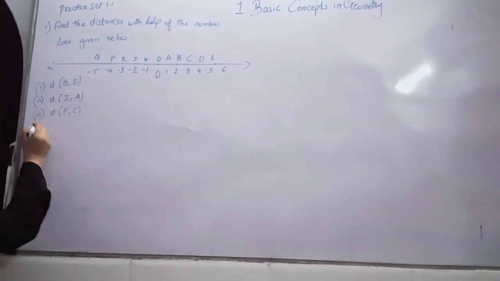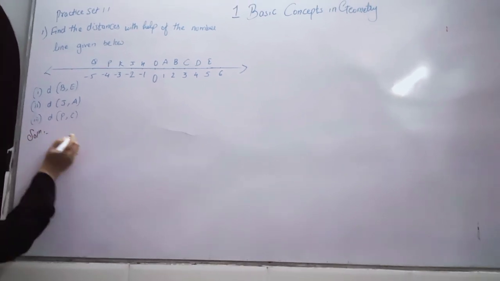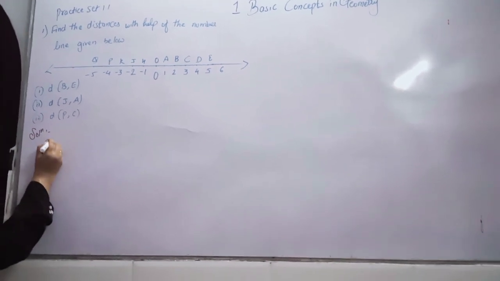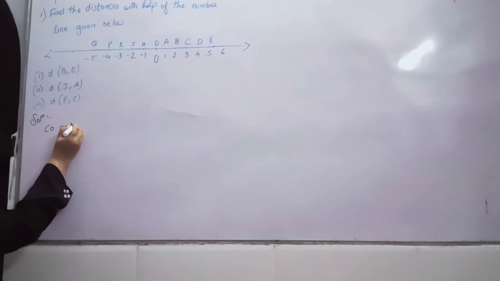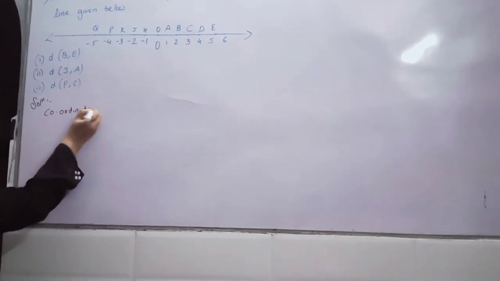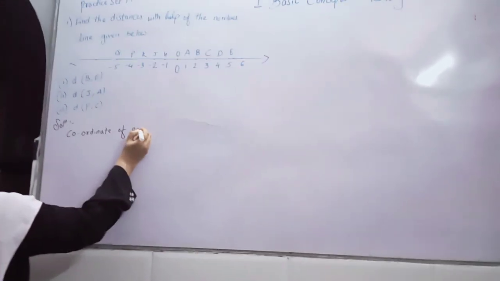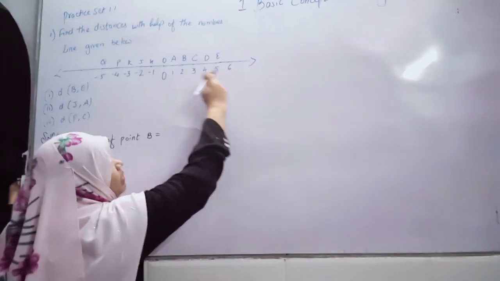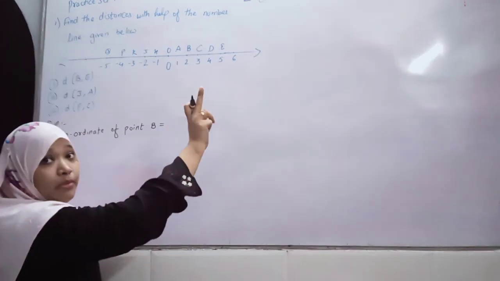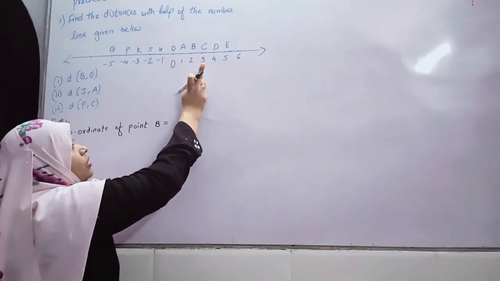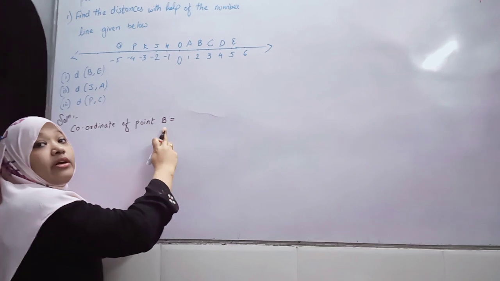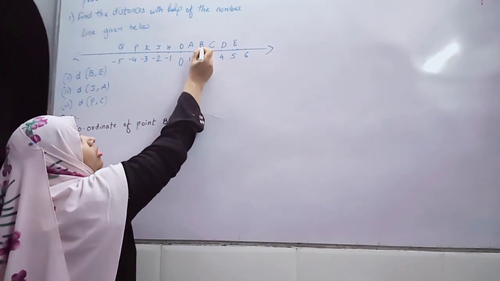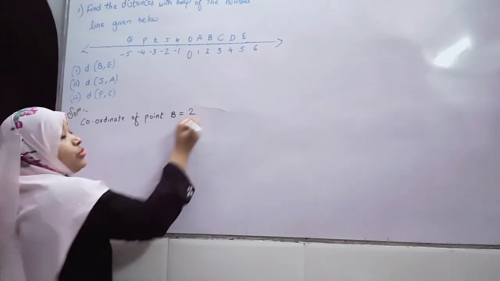So how are we going to write the solution? Coordinate of point B first. From the number line we have to find the coordinate of point B. See, the coordinate of point B is 2.